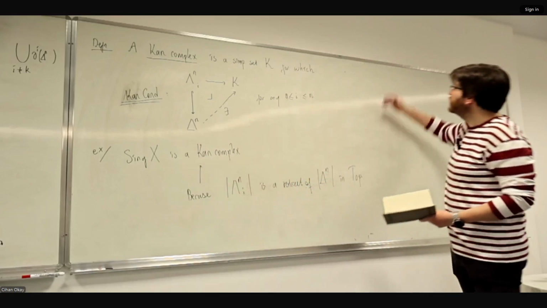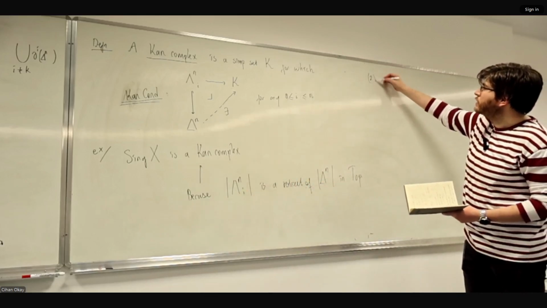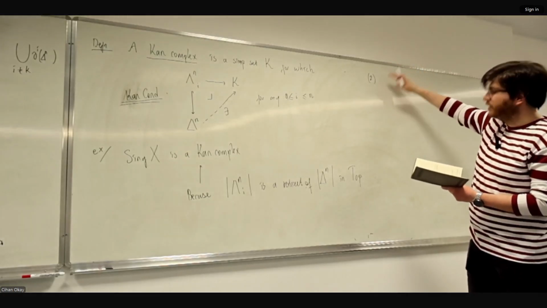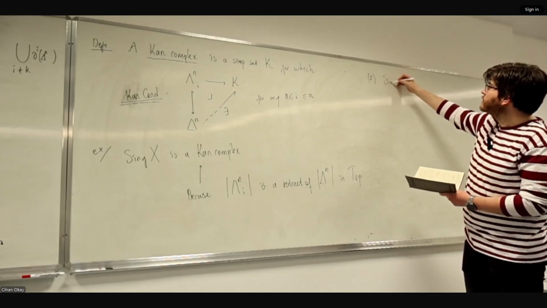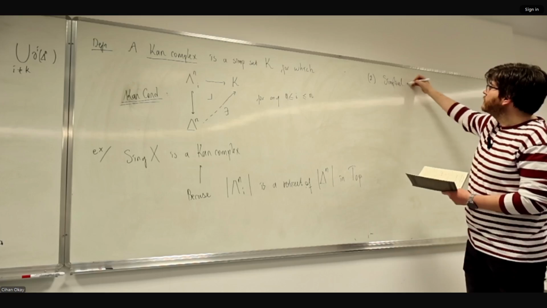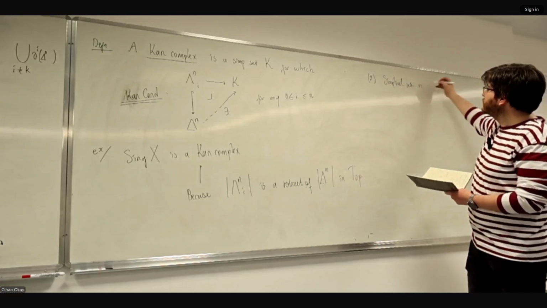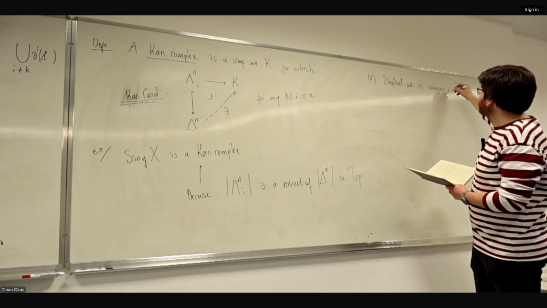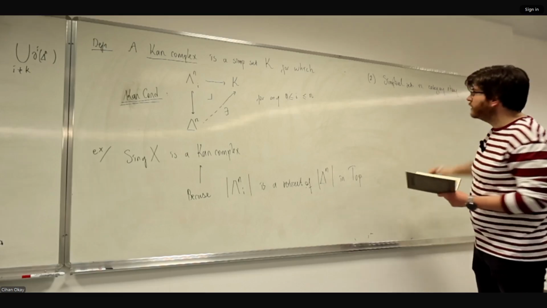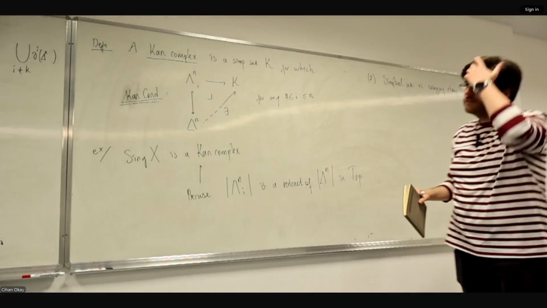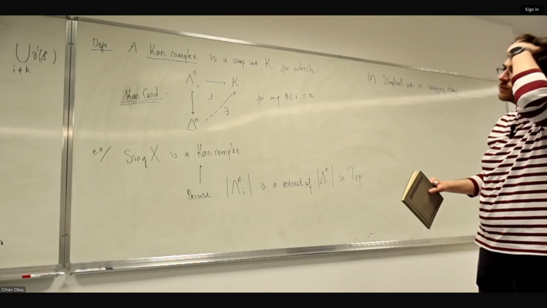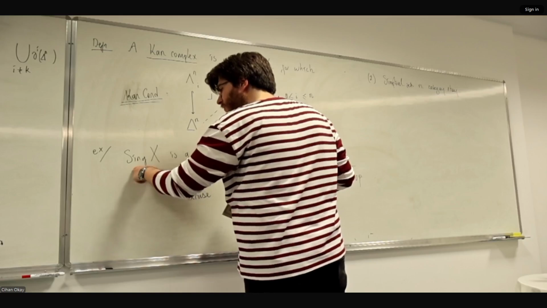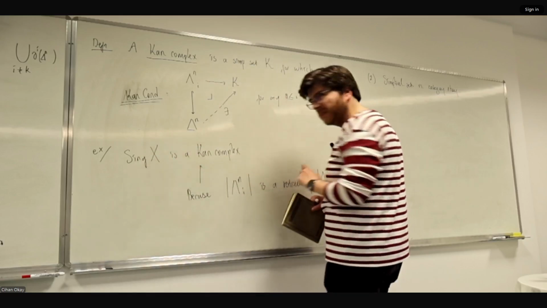Let's try to discuss everything, but now using more categorical language. So now let's discuss simplicial sets versus category theory. This is kind of our second motivation. The first motivation is, given a topological space, we constructed a very particular simplicial set, which turns out to be a Kan complex.